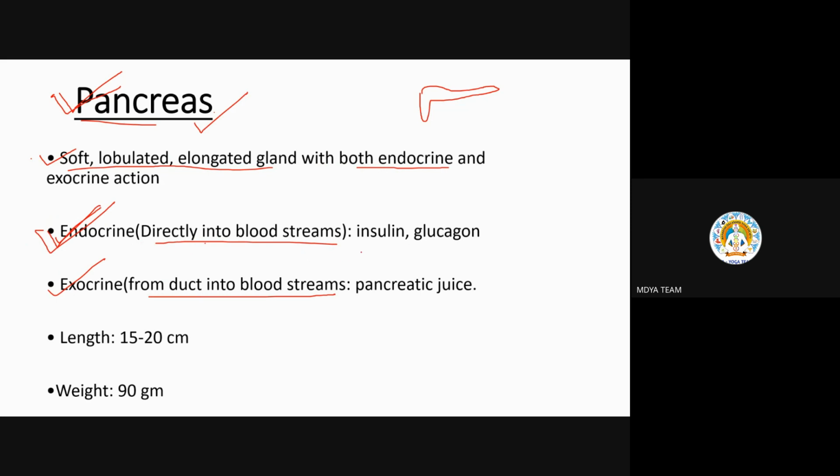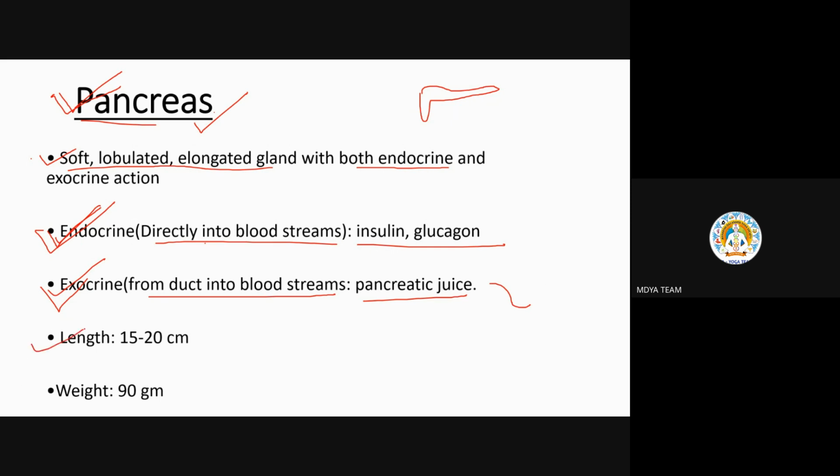The hormones it releases, insulin and glucagon, are endocrine because they go directly into the bloodstream, and the exocrine secretions are pancreatic juices, which pass through the pancreatic duct into other parts.